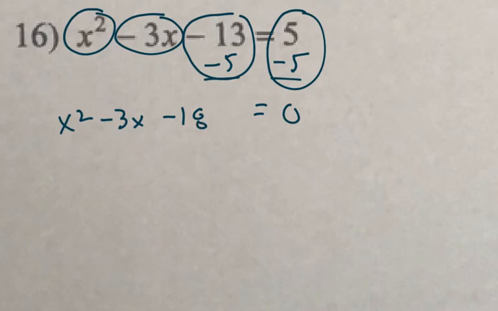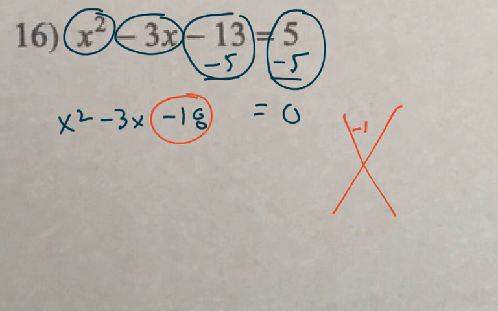Now, here again, you could solve it with a quadratic formula, but I want to show you guys, on this one especially, it's quicker and better to just do factoring. So I'm going to do the x method here. I know that negative 18 is my product. And I know that negative 3 is my sum.